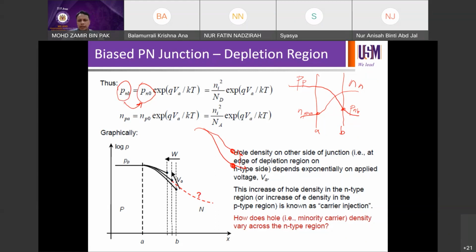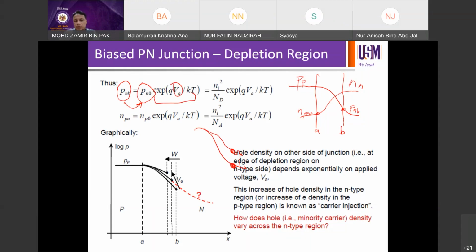So therefore your PNB is given by PN0, your minority carrier concentration at thermal equilibrium condition, times an exponential component that will drive the diffusion of your carriers into the opposite region, electrons into p-type, holes into n-type. And that is a function of your applied voltage.